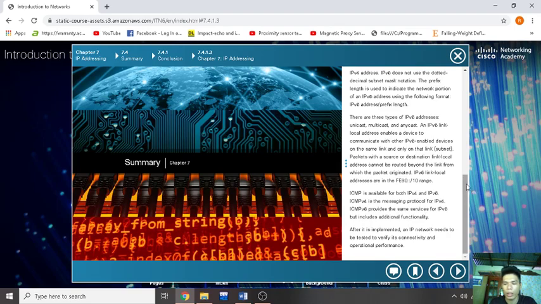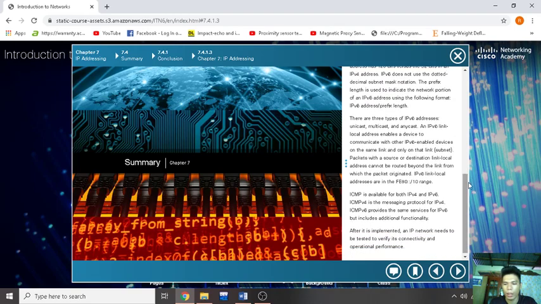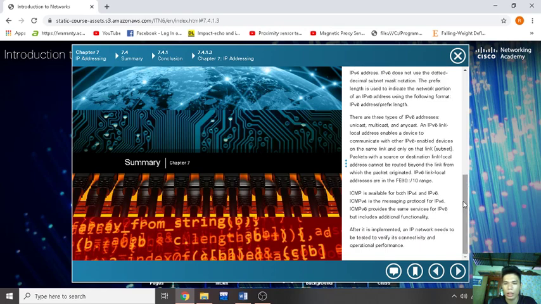You will identify that in the packet activity in this chapter. ICMP is available for both IPv4 and IPv6, like I discussed. ICMPv4 is the messaging protocol for IPv4, and ICMPv6 provides the same services but includes additional functionality.